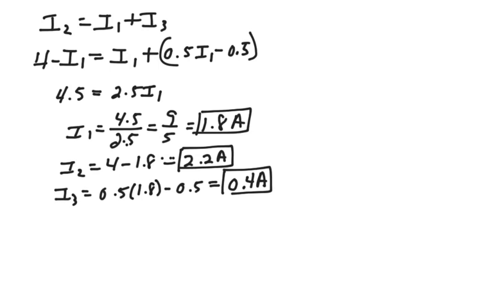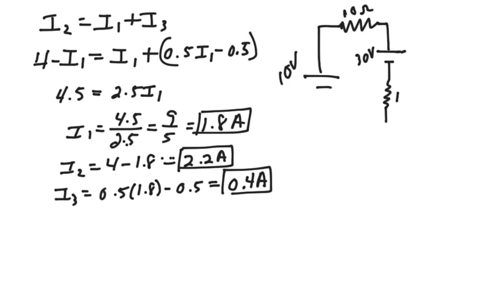Let's take a look at what that circuit was. We had a 10-volt battery, like this, 10 ohm resistor up here, a 30-volt battery here. We had a 10 ohm resistor here, and let's see, a 20 ohm resistor on the far side here.